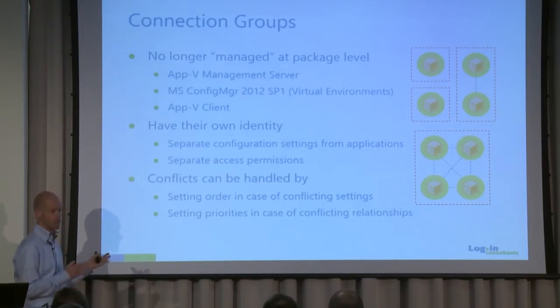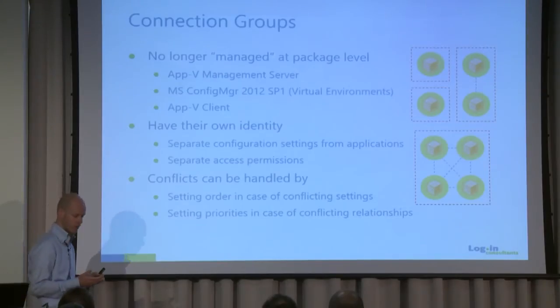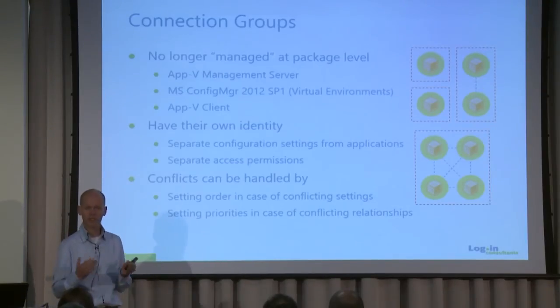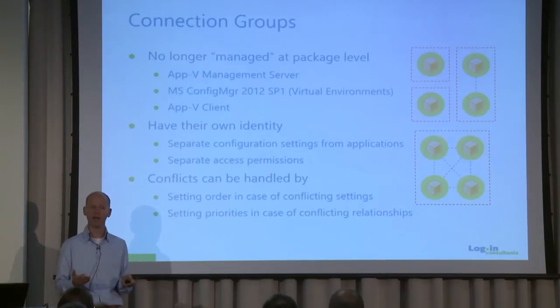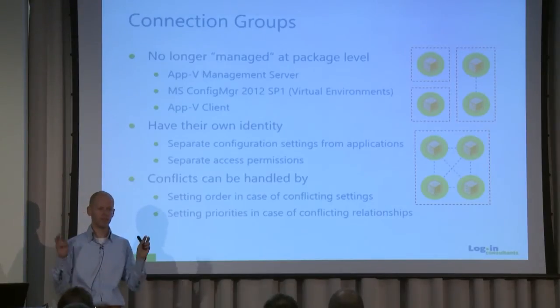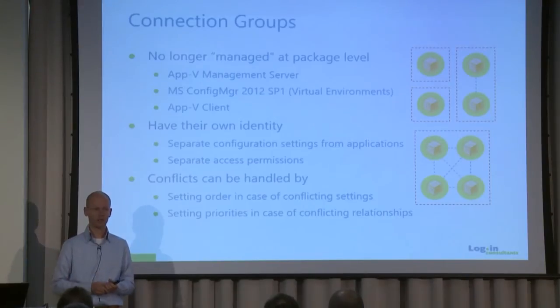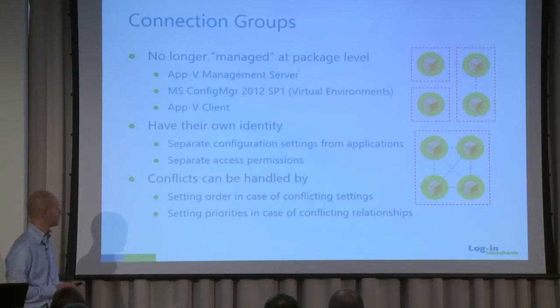The downside is that if you move applications into a connection group, and the connection group does not have any configuration applied yet, for the user this might feel as if it lost its application settings because they are no longer in the connection group. So that's something to be aware of.